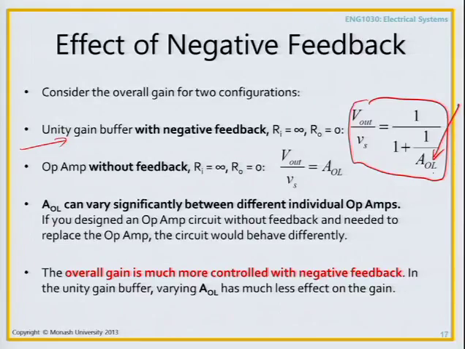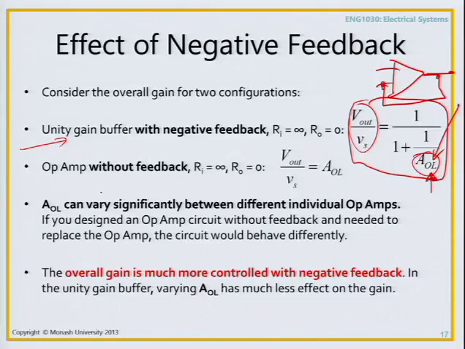As long as the open loop gain of that op-amp is big, our gain is fully defined by the components we put around it. In this case, we have no components; we've just connected the negative feedback. That negative feedback makes our gain really stable and steady, as opposed to fluctuating with this one parameter, AOL.